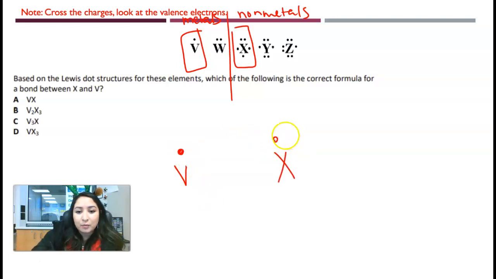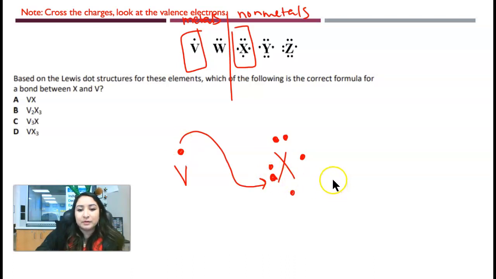X has 1, 2, 3, 4, 5. We know that the metal tends to give its electrons to the nonmetal. So this electron would come over here.